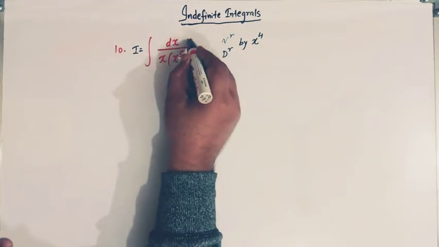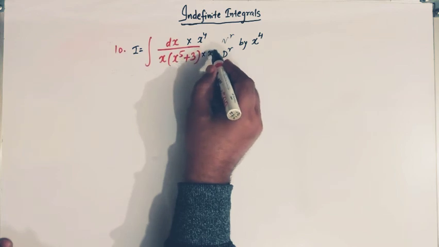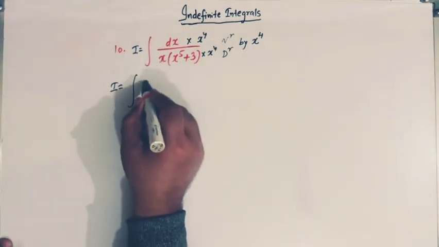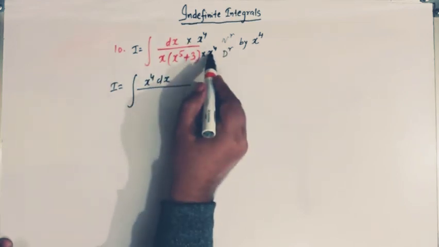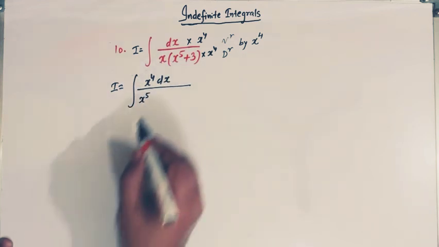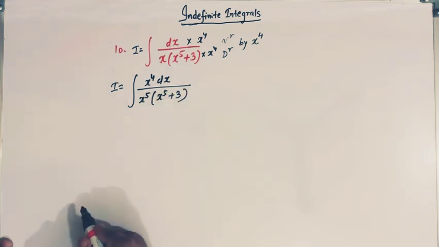So we'll multiply the numerator and the denominator by x raised to 4. So this integral I becomes x raised to 4 dx, and x raised to 4 times x is x raised to 5, and here we have x raised to 5 plus 3, right?